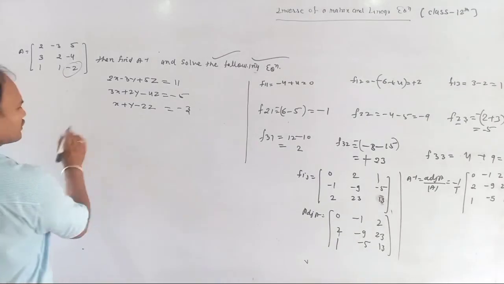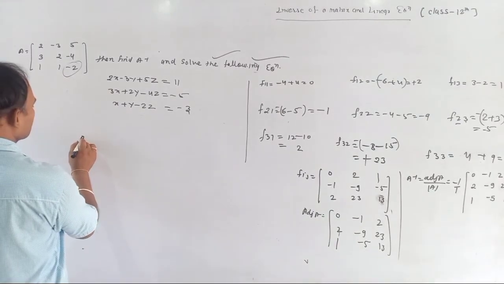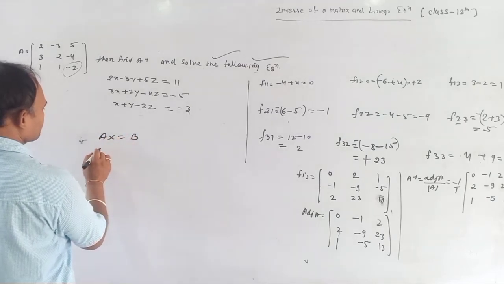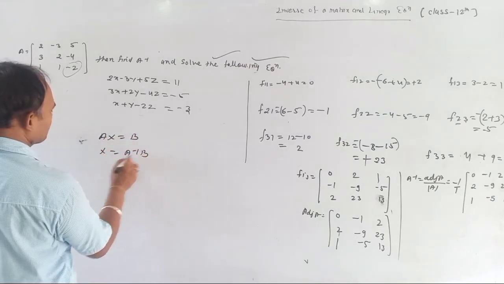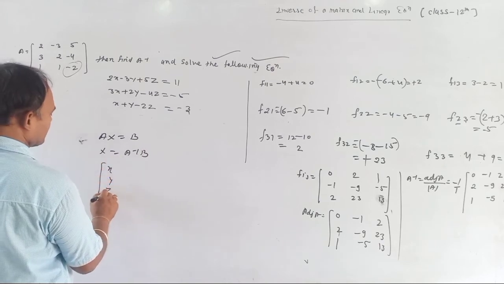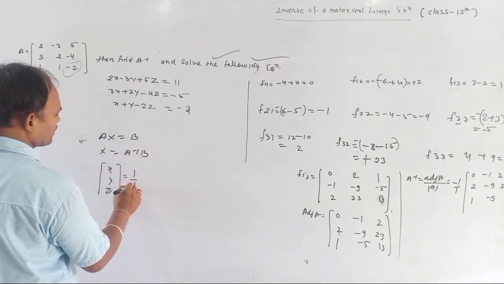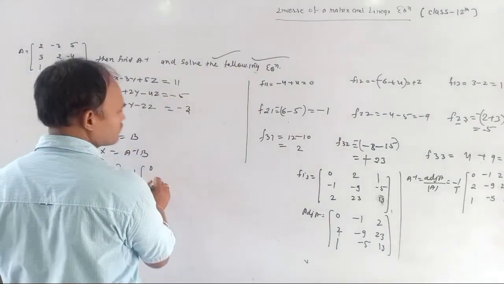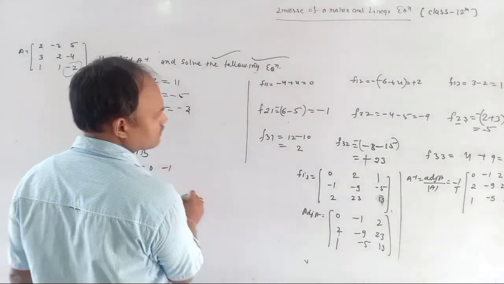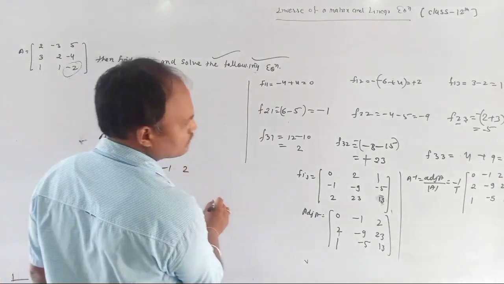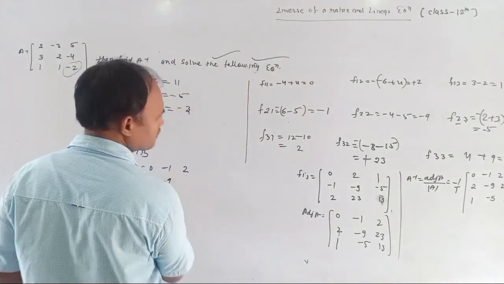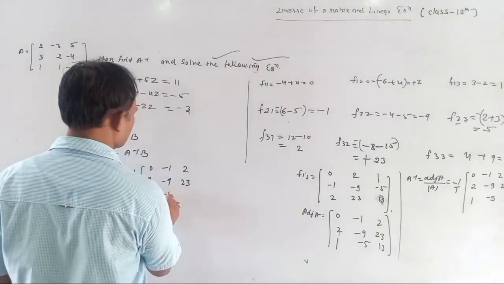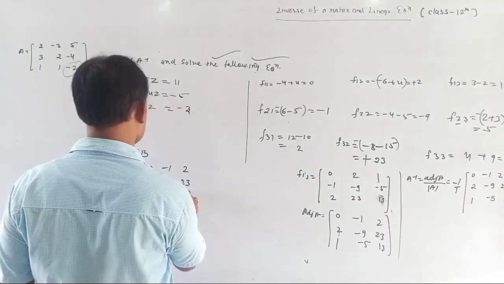You just have to solve AX equals B, so X equals A inverse B. X means x, y, z, and A inverse is 1 upon minus 1 times the matrix 0, minus 1, 2, 2, minus 9, 23, 1, minus 5 and 13.